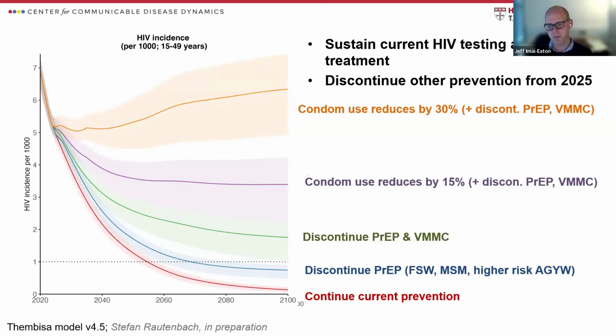If we discontinue pre-exposure prophylaxis and voluntary medical male circumcision programs, then we can see again, incidence continues to decline for several decades, but doesn't reach that very low level of incidence that we might otherwise achieve. And if we have a combination of scaling back of HIV prevention and reductions in condom use in the population or other increases in sexual risk, we could start to be concerned about a stagnation of our incidence declines and incidence continuing at a rate that might be unsustainable for the HIV program and to reach our targets.